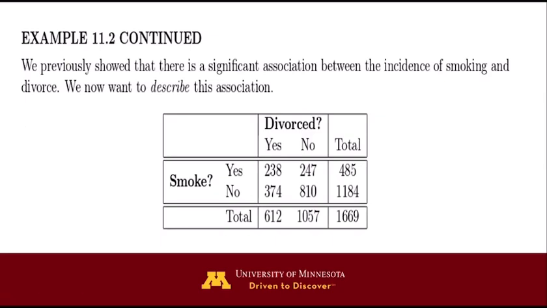What we want to do now is describe this association and know its strength. Don't forget, we made a decision using a chi-square that a significant association exists, but the issue with a chi-square is that we're not able to know the strength of that relationship. And that's exactly what we want to do now.